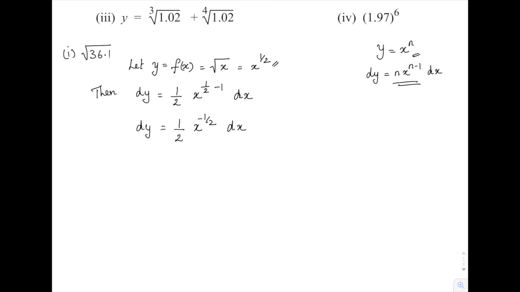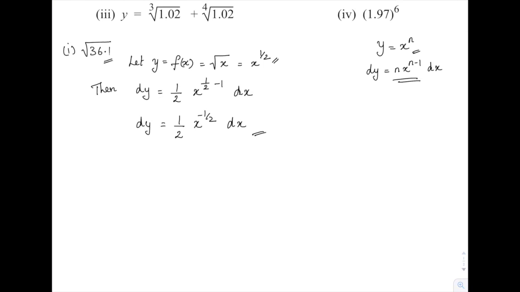So let's get back to the sum now. This is general, so now we have to solve this one. Let delta x is equal to 0.1, which is equal to dx, and x is equal to 36. So 36 is x and this 0.1 is dx.